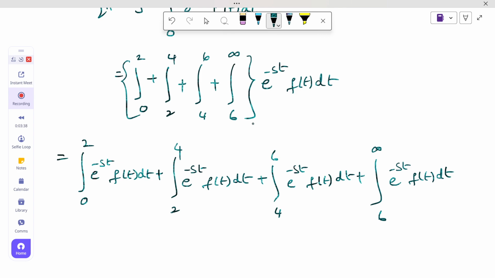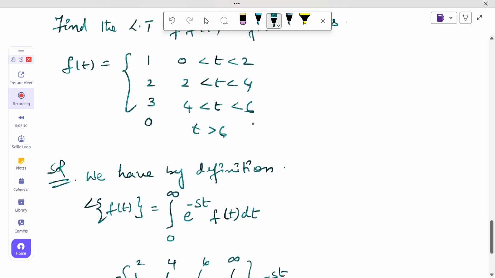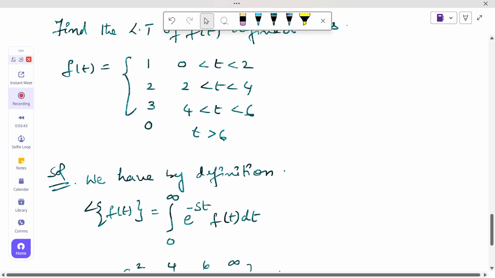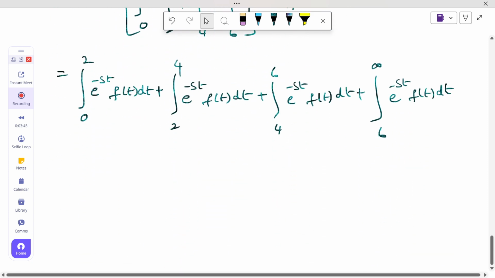Now we will substitute the values. First interval value is 1, second 2, third 3, last is 0.